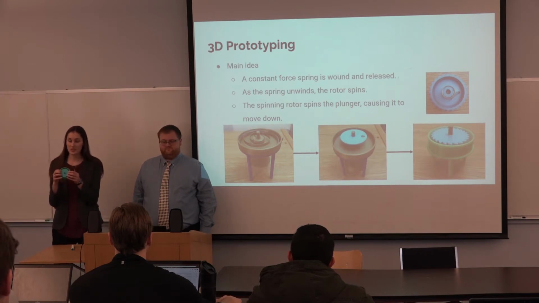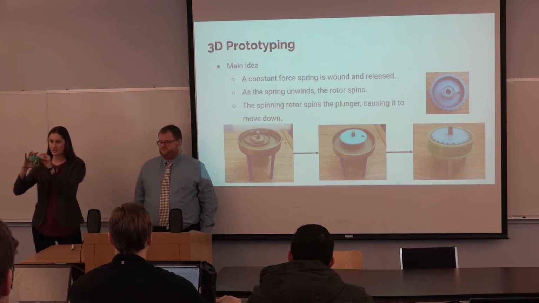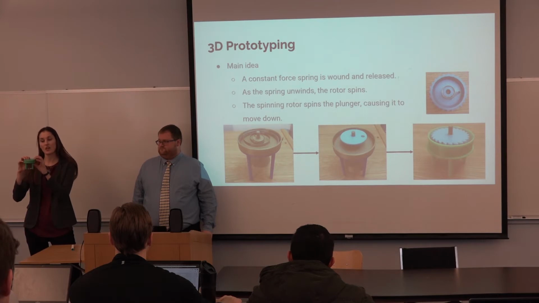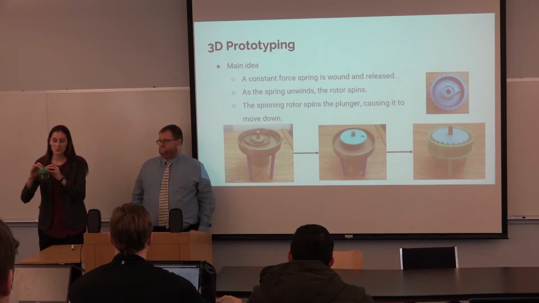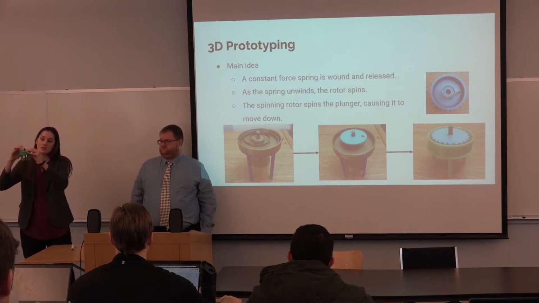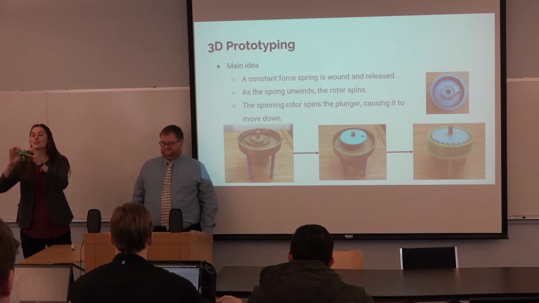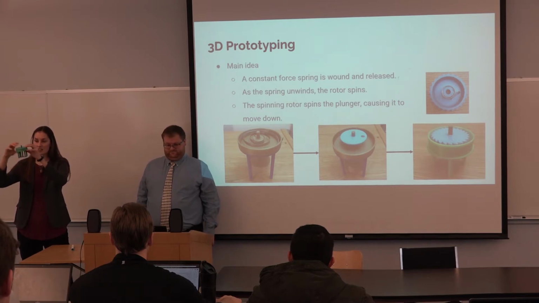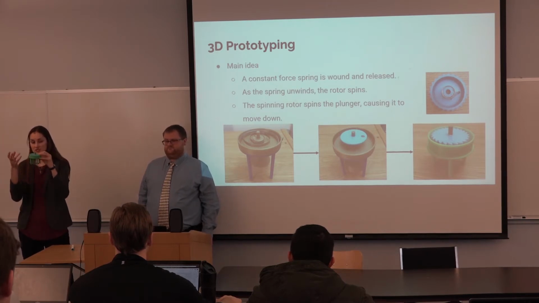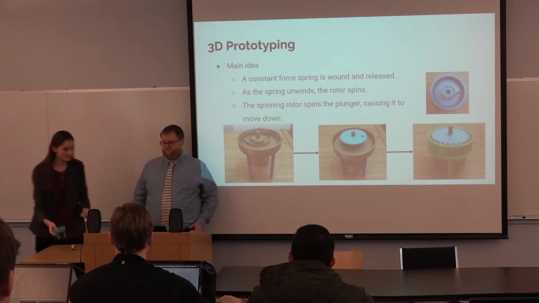The rotor has threads which interface with this gold piece, the plunger, which dispenses the drug. When I wind up the rotor, the plunger begins to move up because the spring has tension. When I release the spring, the rotor begins to spin downwards, causing the plunger to move down, dispensing the drug out of a chamber.